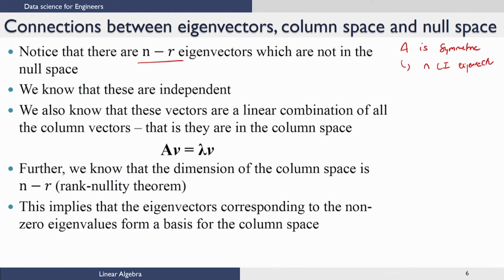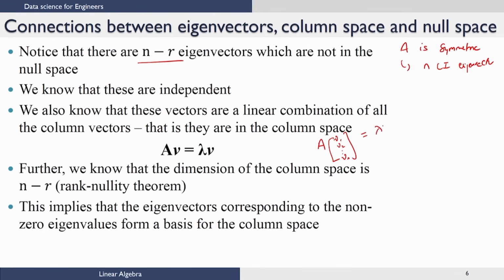To see this, let us look at this equation. Let me write this out. I could call this A. I am going to expand this nu into nu 1, nu 2 all the way up to nu n. Notice that these are components of nu; we are just taking one eigenvector nu, and these are the n components in that eigenvector.